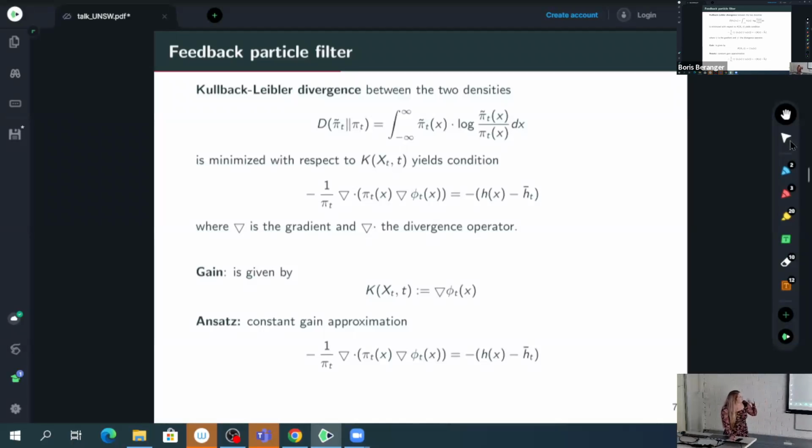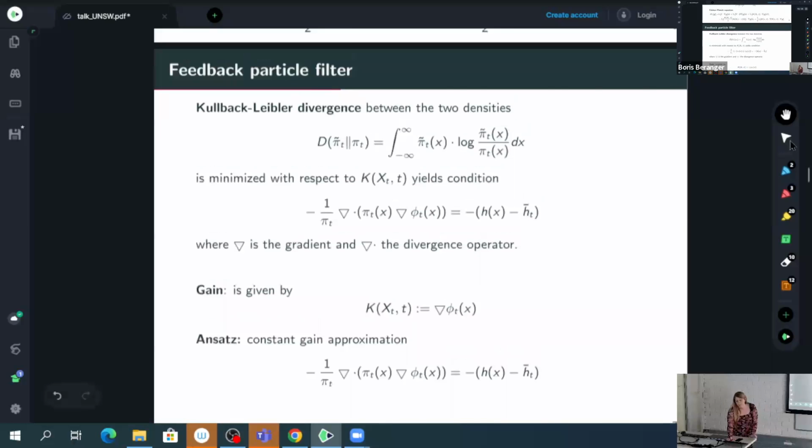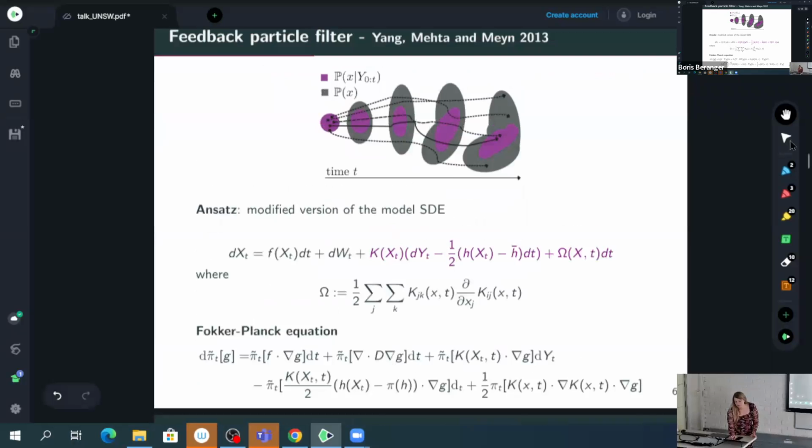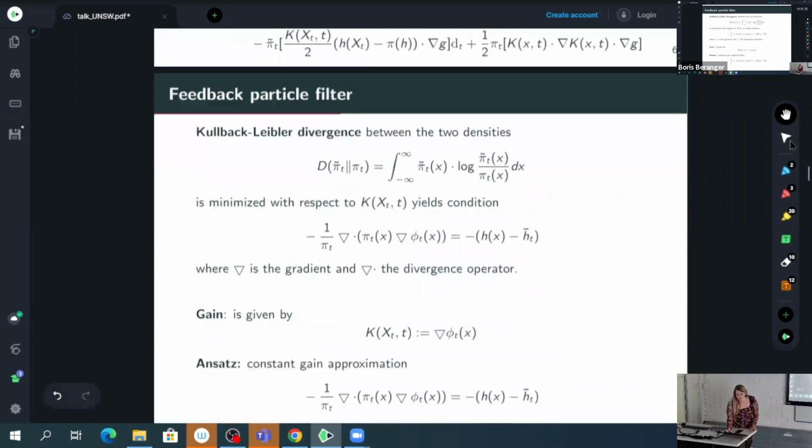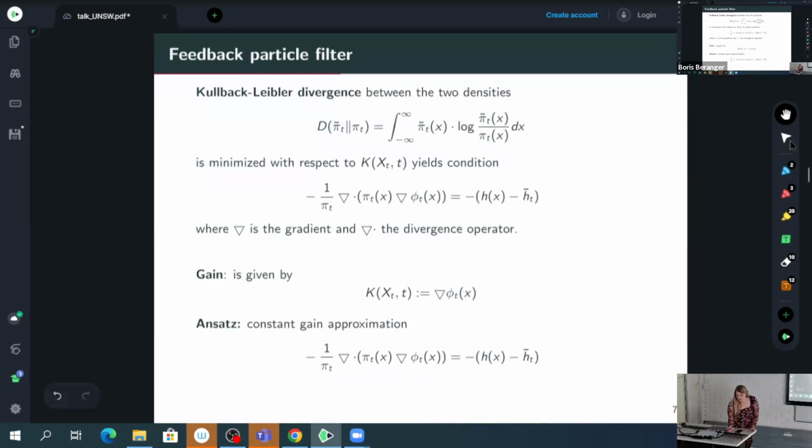And what they came up with was actually that if you choose this control, this unknown factor here in the modified evolution equation, if you choose it to be the solution of this weighted Poisson equation here, then the two will become equal.